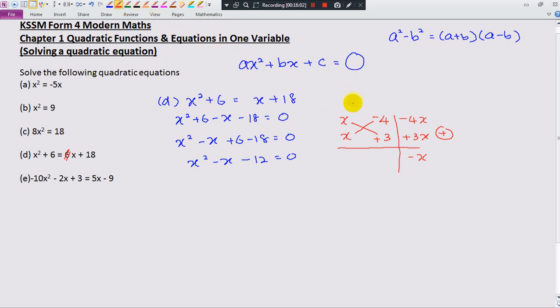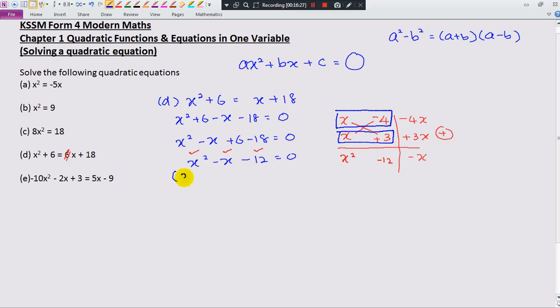Okay, so now we double check again. x times x is x squared, no problem. Negative 4 times positive 3 is negative 12, no problem. These two add up together, you get negative x. All correct. So the next thing is to write into two parentheses.